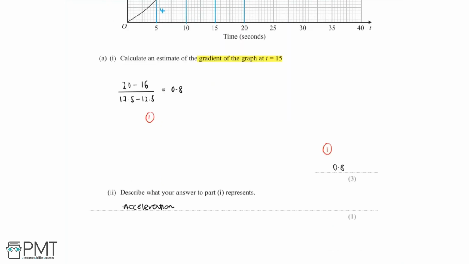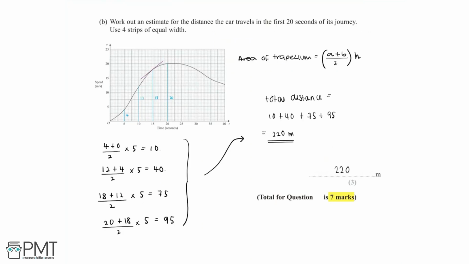We get the fourth mark in part A II for saying that the gradient of the graph represents the acceleration. Then we get the fifth mark for finding the area of each trapezium. We get the sixth mark for adding together all of the areas, and we get the 7th and final mark for getting the correct answer of 220 metres. And so we've now achieved the full 7 marks needed in this question.